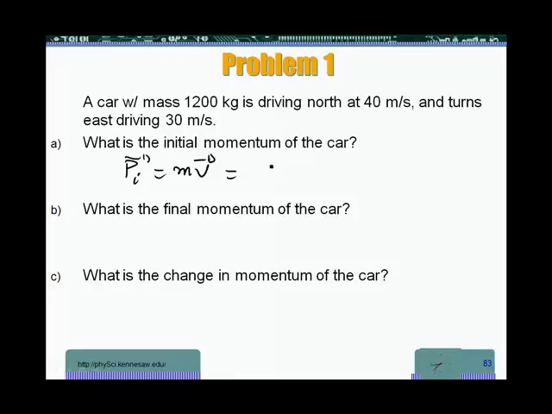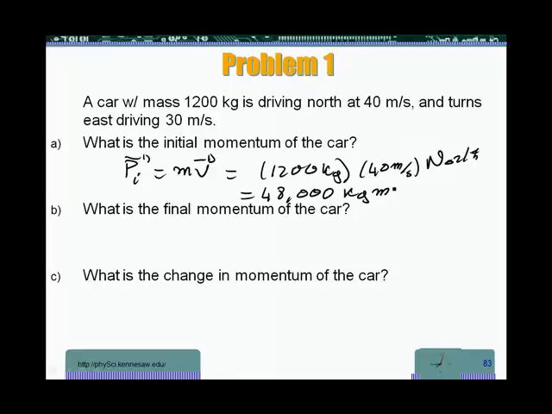Now in this case, the mass is 1200 kilograms times 40 meters per second. Okay, now since we have north and east, I'm going to say north. So what we have here, 48,000 kilogram meter per second towards the north. That's the initial momentum of the car.